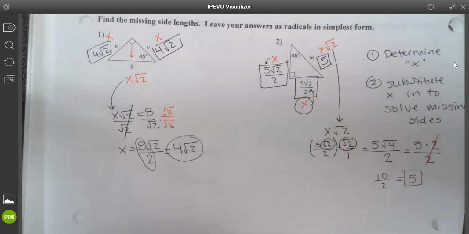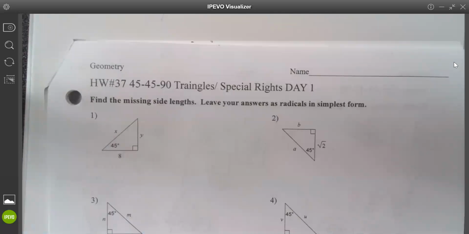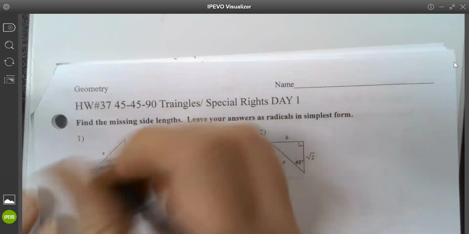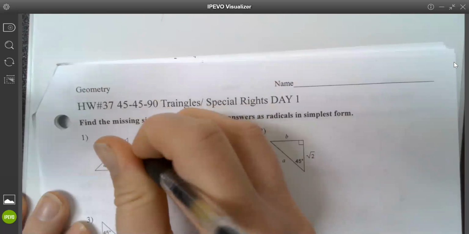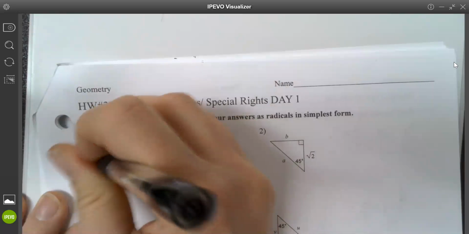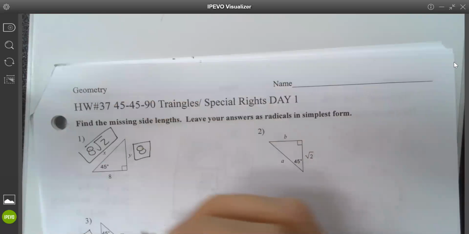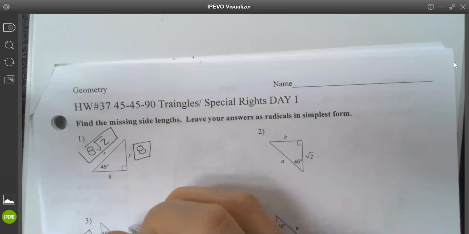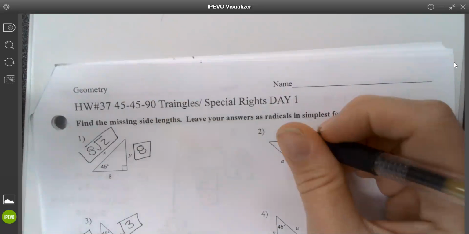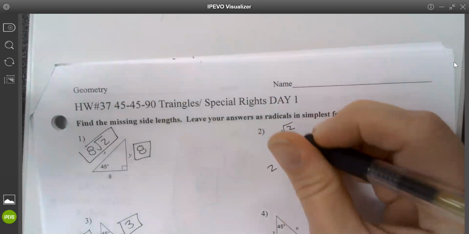So now let's go to homework. We had homework 37 due for today. I'm not going to talk through each of these. I'm going to start filling some of them in, and then we'll do some of the harder ones together. This would be 8 rad 2, 3 rad 2 over 2, 3 rad 2 and 2.